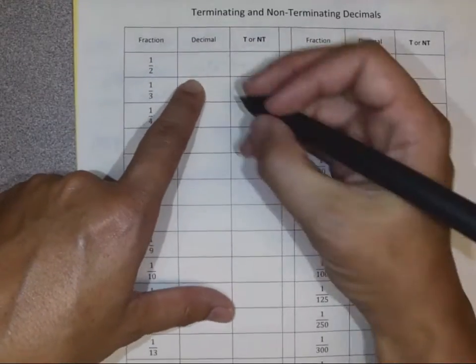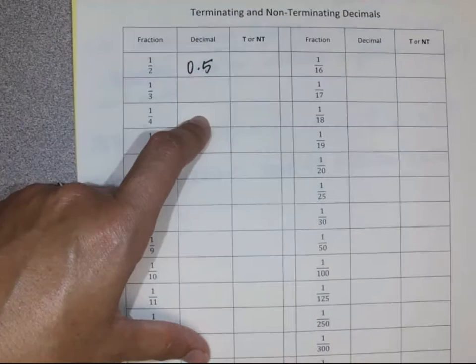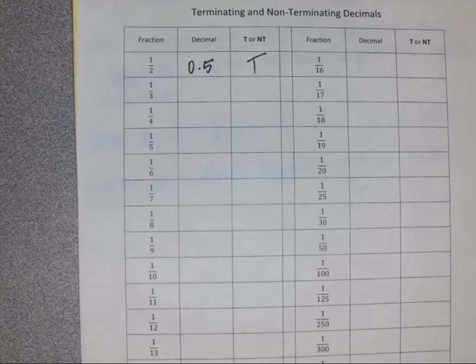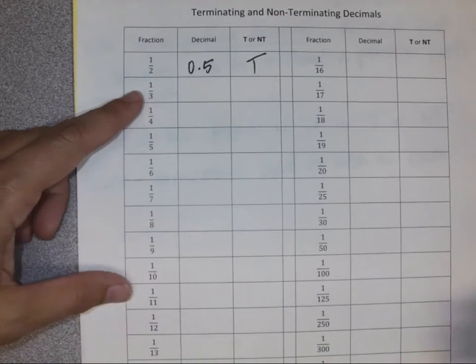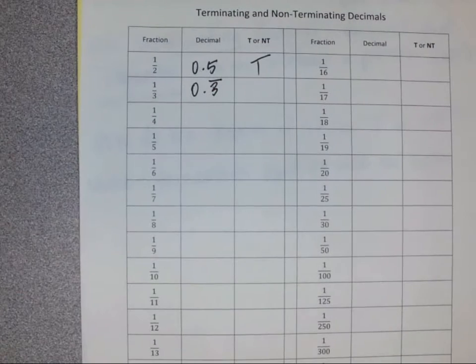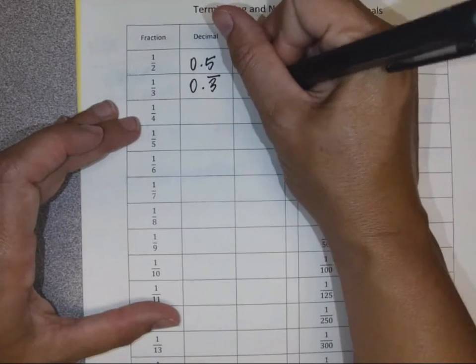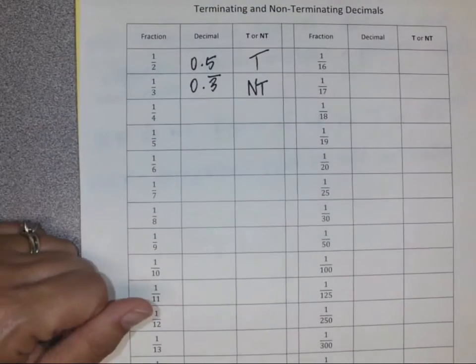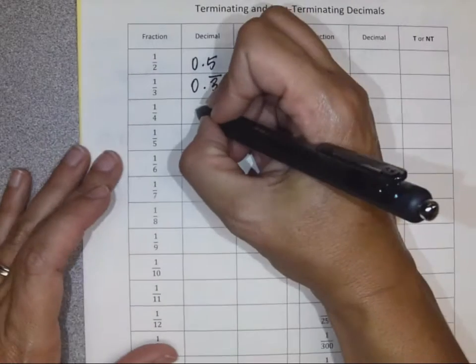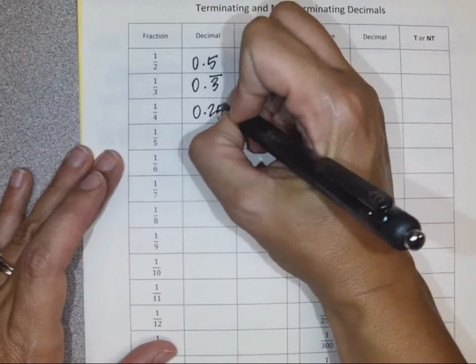Okay, so starting off with 1/2. The decimal form of 1/2 is 0.5, and that is a terminating decimal because it ends. There's no number after 5. The next one, 1/3, that decimal is 0.3 repeating, and that is a non-terminating decimal because it continues to go on forever and ever, and it repeats itself. 1/4 is another one we know off the top of our heads, 0.25.